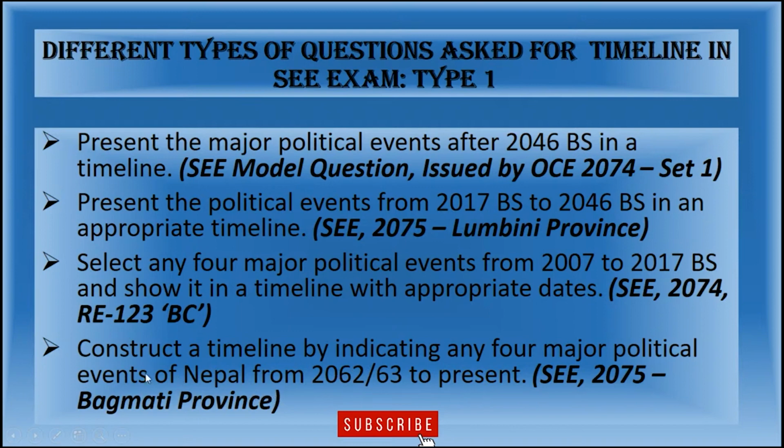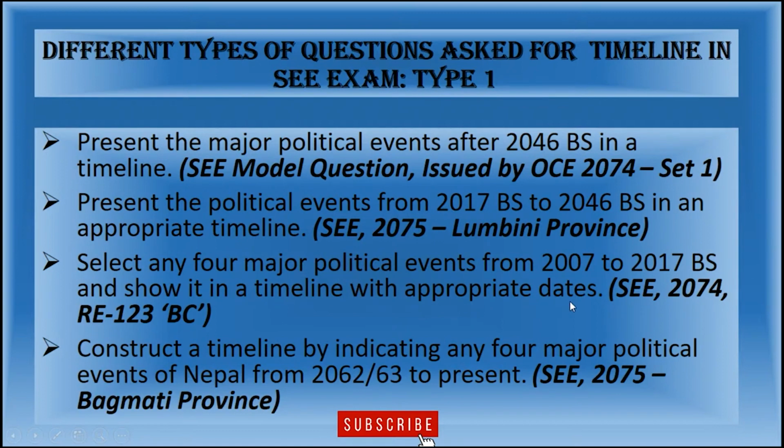This is also a similar type of question like the first and second. Here also you have the choice, either you use the year only in the timeline or the full date, that is your choice. But in the third question, there is no choice, you must include the full date.